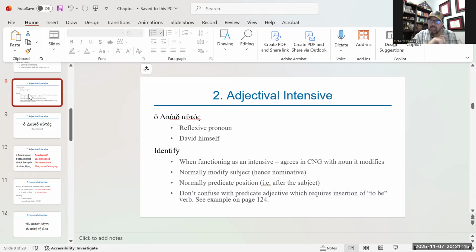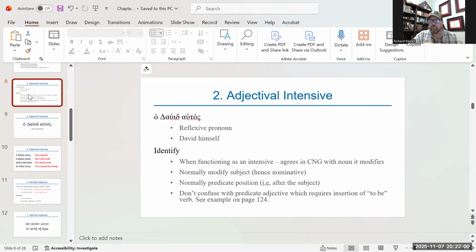So when you're translating the sentence, if you're finding that autos, the personal pronoun, if you were to translate it he, she, it, they, them, it doesn't make any sense, that's when you back up to this rule and you ask yourself, how is it functioning in the sentence? Is it modifying a noun? And does the pronoun autos appear in the nominative case? In this case, it does. You can see autos, which is in the nominative case, he, and it modifies Jesus.